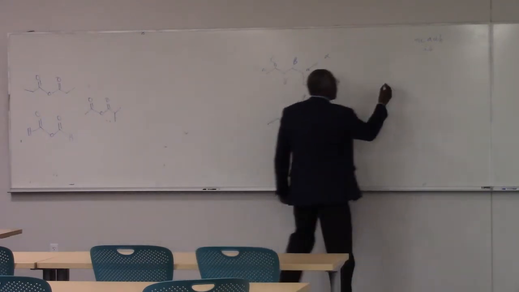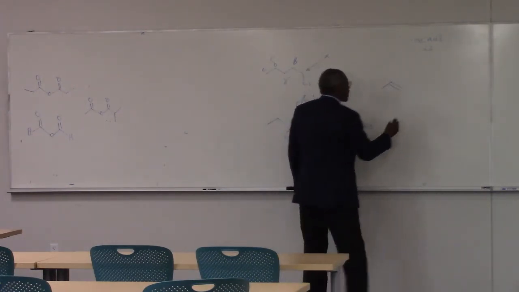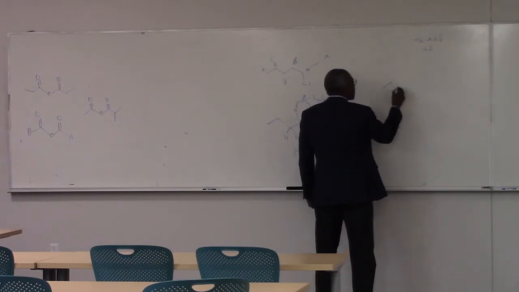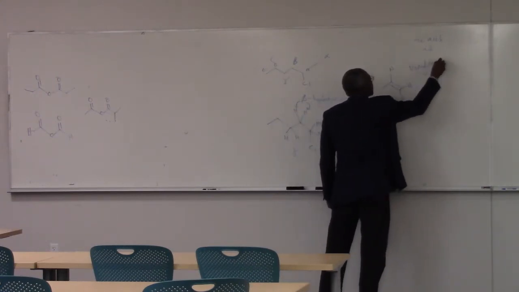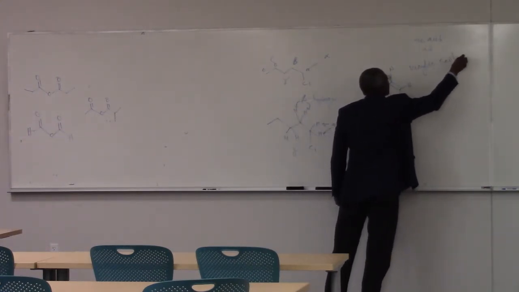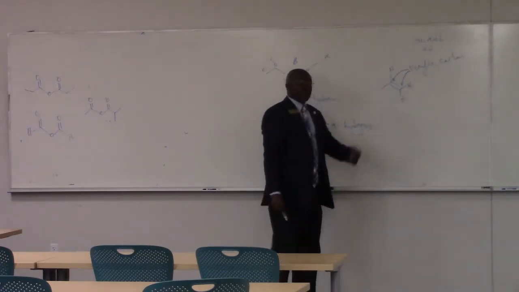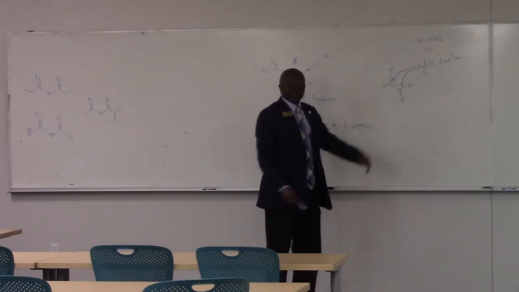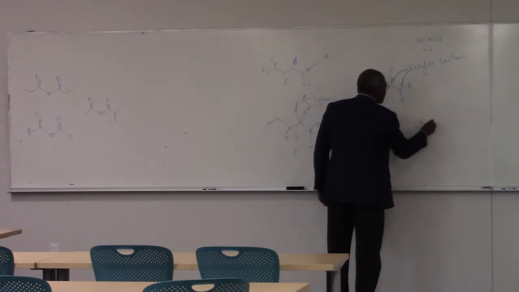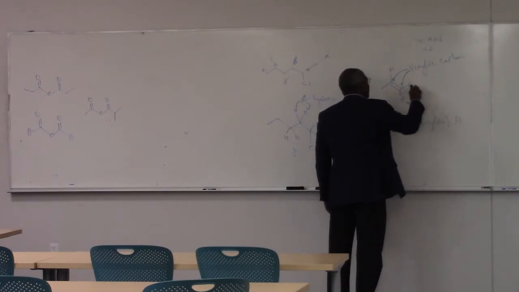In the same way, if I have an alkene, I call these carbons the vinylic carbons. So the carbons of the double bond are called the vinylic or the vinyl carbons. The H's attached to the vinylic carbons are called vinylic H's. So these are vinyl or vinylic H's.